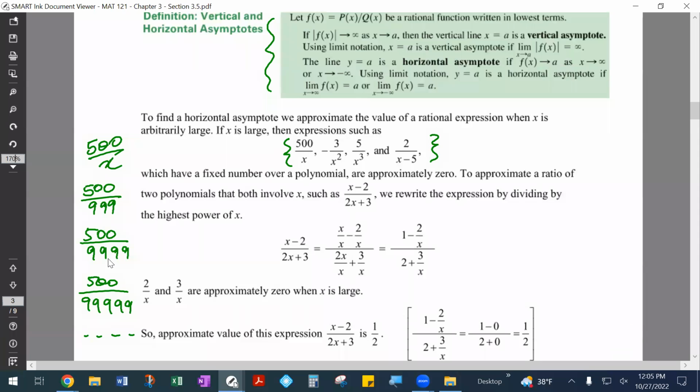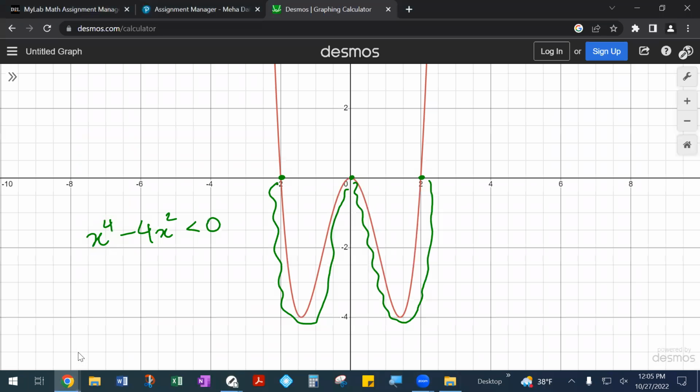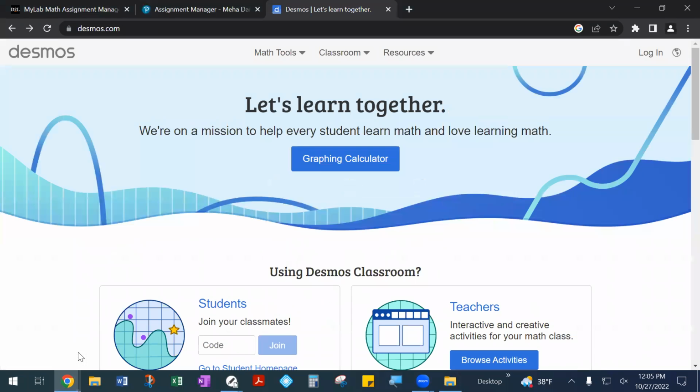What do you think will happen as we keep increasing our denominator? Keep getting smaller. What number do you think it's approaching? 0.